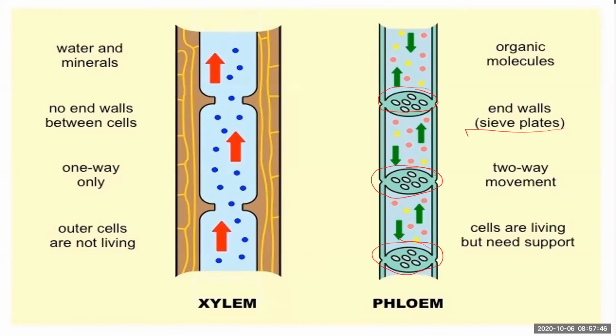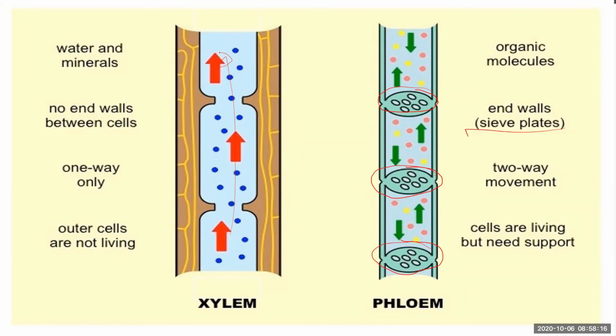sieve plates. It's because their movement is only upward and they need to take a lot of water, enough to sustain the plant for its photosynthesis process. So they don't need sieve plates, because if they had them, the flow of water needed to create food would be slow or weak.